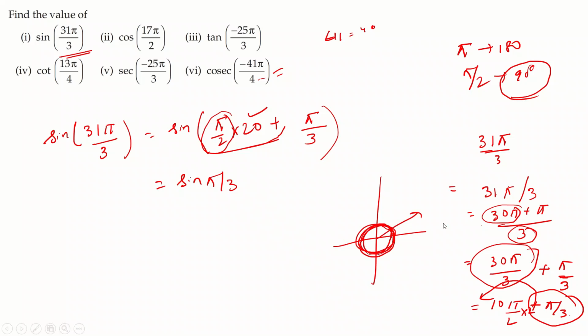Because 4 gives you one complete rotation, so 20 will give you one full circle, and plus pi by 3 will again be the first quadrant. So in the first quadrant everything is positive, so this has to be plus sine pi by 3, which is sine 60 degrees, which is root 3 by 2.